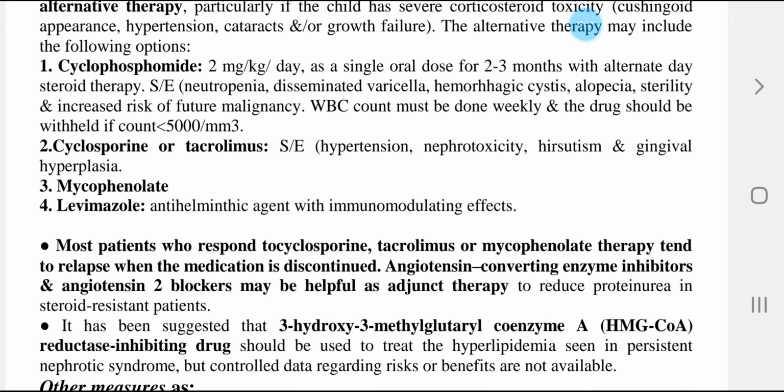WBC count must be done weekly, and the drug should be withheld if the count is less than 5,000 per cubic millimeter. Second, cyclosporine or tacrolimus. Side effects include hypertension, nephrotoxicity, hirsutism, and gingival hyperplasia. Third, mycophenolate. Fourth, levamisole, which is an antihelminthic agent with immunomodulating effect.